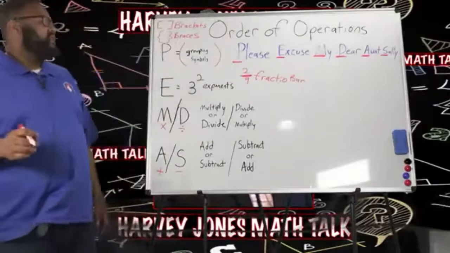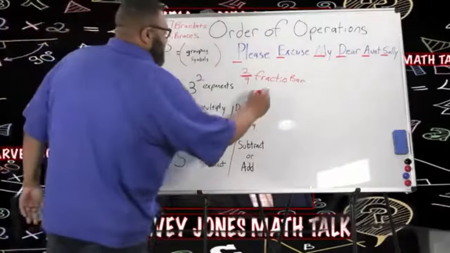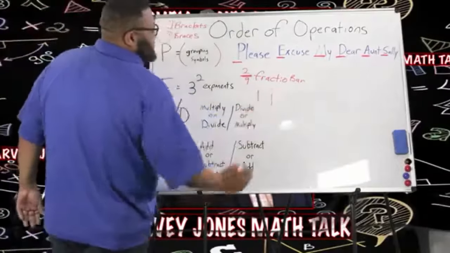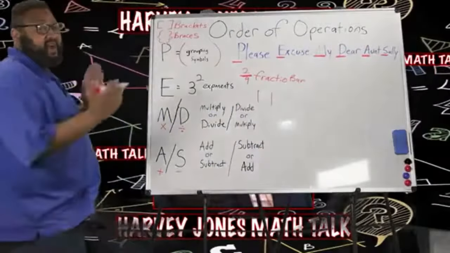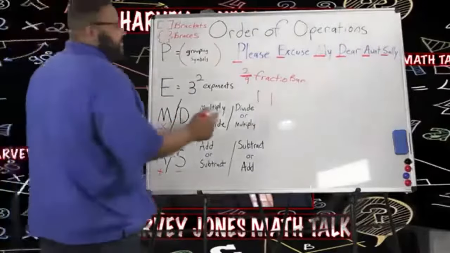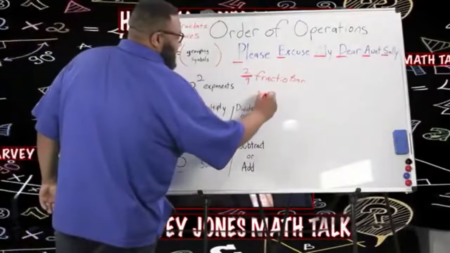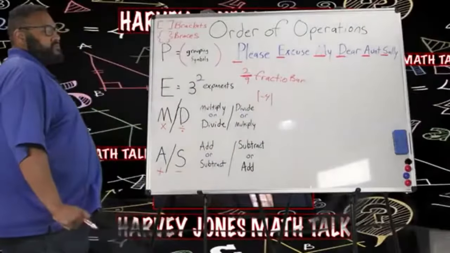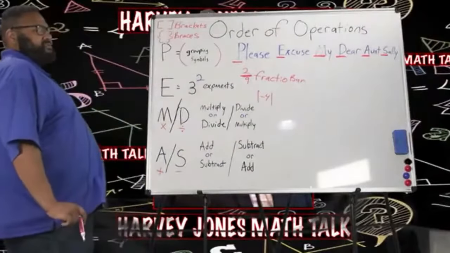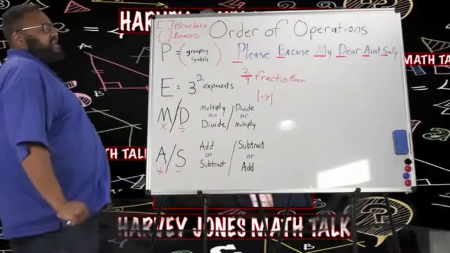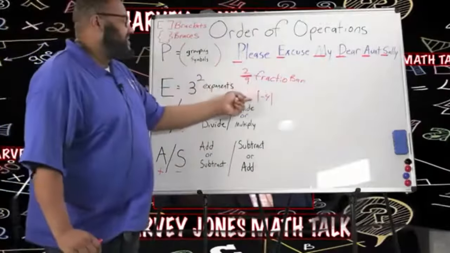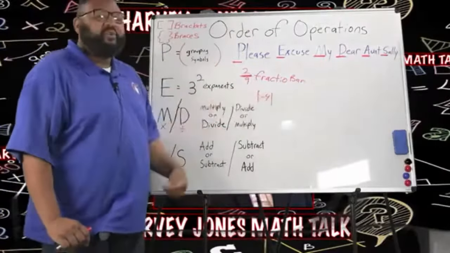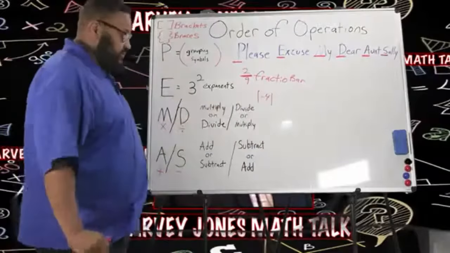Here's another one that I learned, here and here. This doesn't look like parallel lines, but they are parallel lines. If you see them like this and you have a -4 inside of them, Ms. Jones, did you just put a negative number inside it? Yes. Anytime you put a negative number inside this grouping symbol, we call this absolute value.